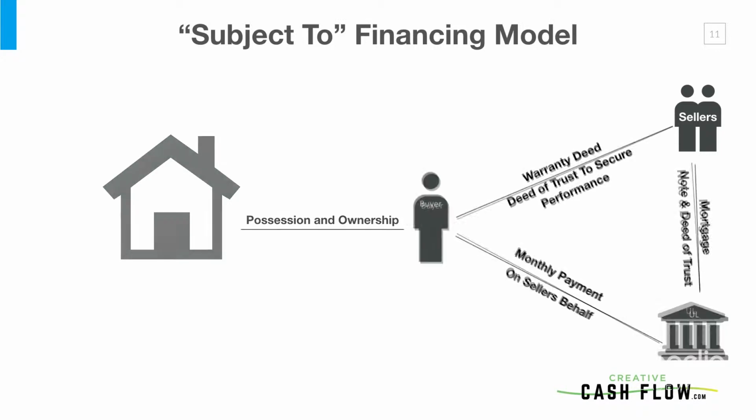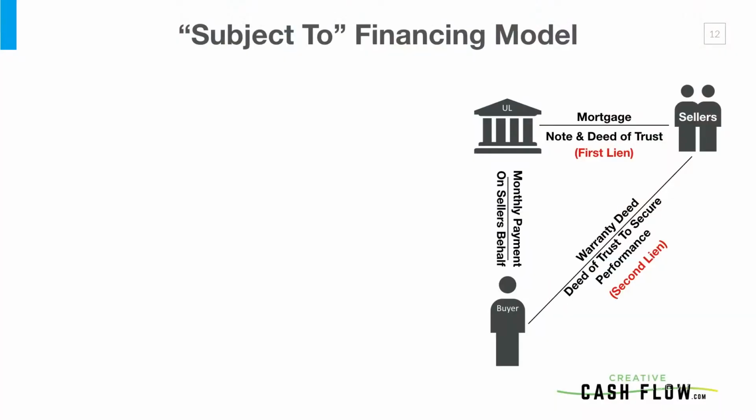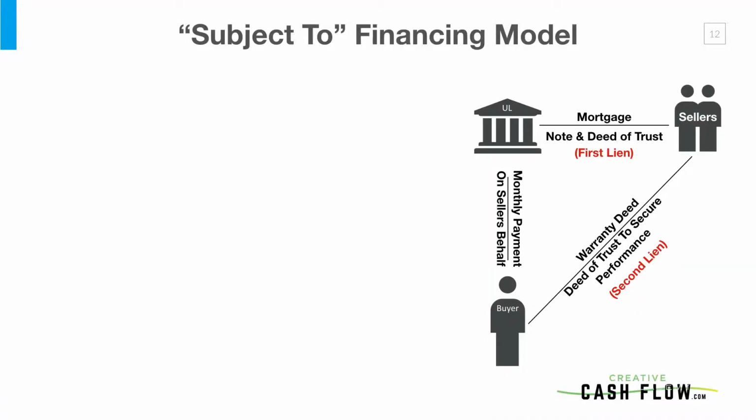I want to look at this a little bit differently too. That mortgage with the note and deed of trust from the sellers to the underlying lender is in first lien position. When you purchase this property subject to, and you get a warranty deed and you give a deed of trust to secure performance to your seller, that becomes second lien position. It's a subordinate lien. You're making those monthly payments on their behalf, but you have a subordinate lien position. They are always in that first lien position.